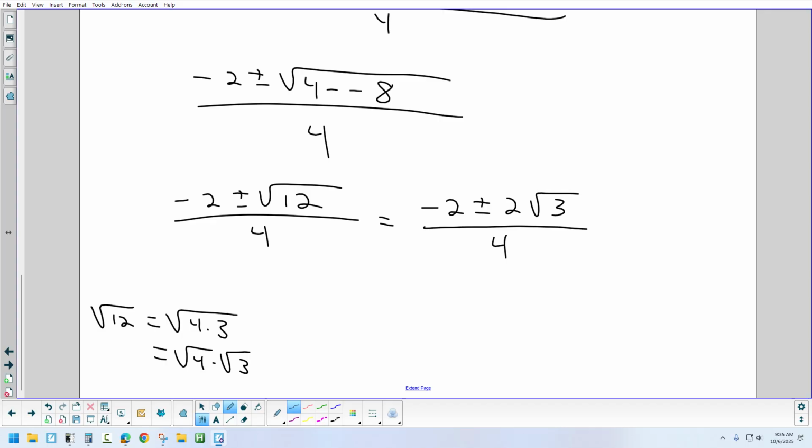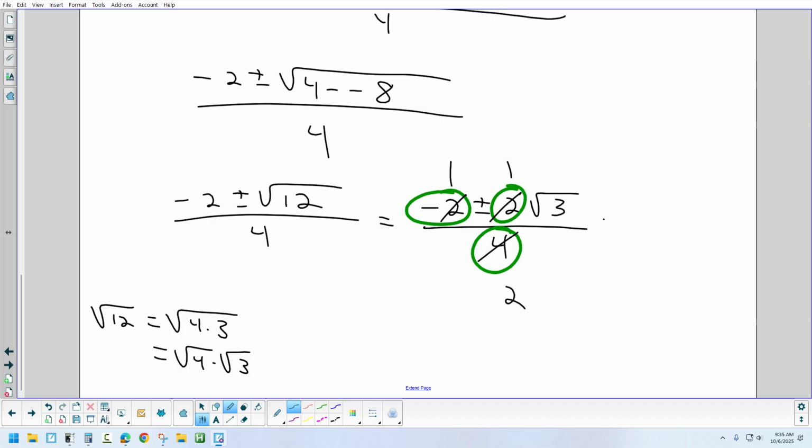And now if you look at all the numbers on the outside, what are they all divisible by? Yeah, they're all divisible by 2, which we might not have known until we simplified the square root of 12. How many times does 2 go into 4? 2. How about 2 into 2? 1, and 2 into 2 is 1.